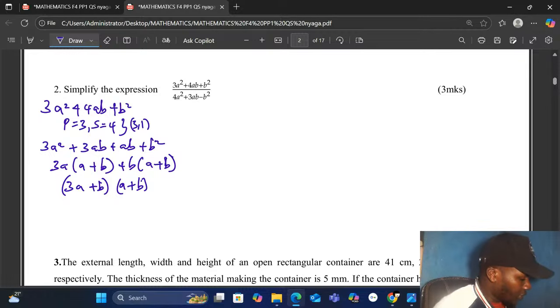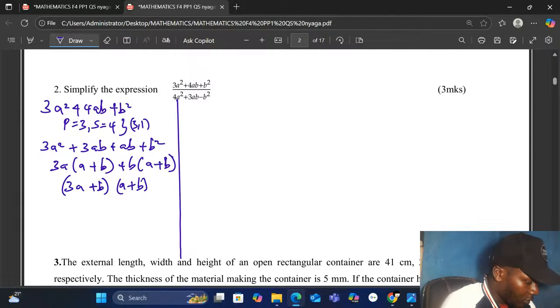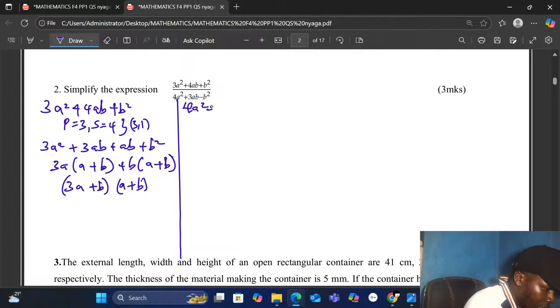Then we solve the denominator. With the denominator, we have 4a squared plus 3ab minus b squared. The product is -4 and the sum is 3, so the numbers are 4 and -1.